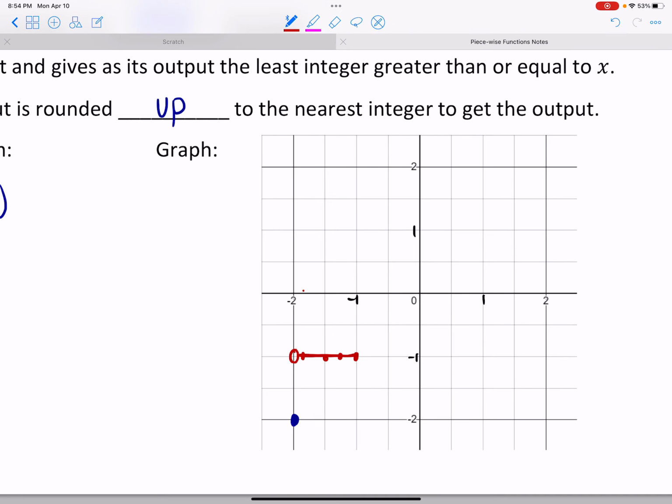So -1 doesn't have to round, -1 is -1. But if we are looking at, let's say, -0.75 here, then that's going to round up to 0. And this would round to 0, and 0 would round to 0. Now, -1, we've already captured that down there, but all of these things in here would round up to 0.